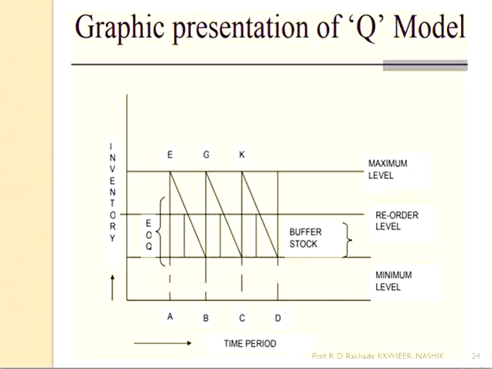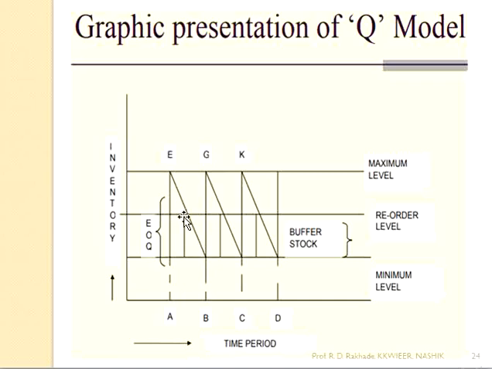This is the graphical representation of the Q model. Suppose at point A we have the maximum lot size, then after a certain time, with utilization, the lot size decreases, and at this point we can say this is the EOQ point. On that point we will reorder the batch.